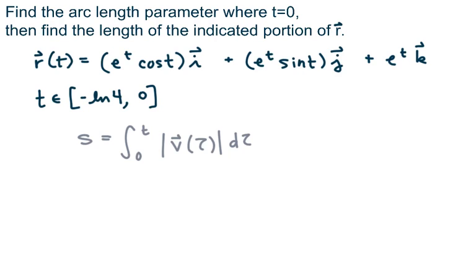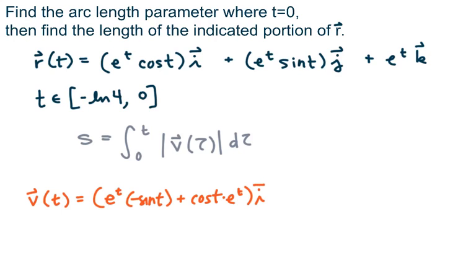So for our first step, we're going to go ahead and find the velocity vector, which is taking the derivative of each of these components. When we find the derivative of e to the t times cosine t, as well as e to the t times sine t, we have to use the product rule. And then, of course, we know the derivative of e to the t is just e to the t. So for my first component, I have e to the t times the derivative of cosine, which is negative sine t, plus cosine t times e to the t.